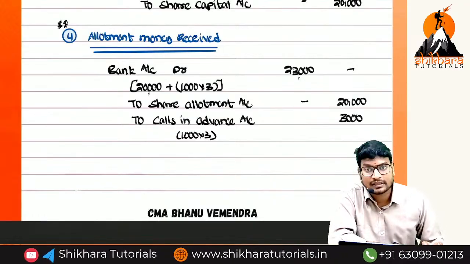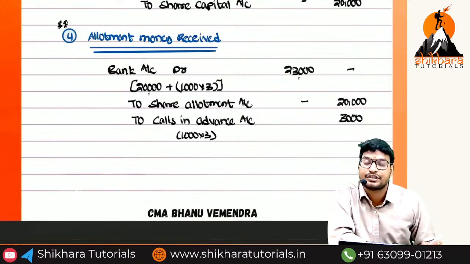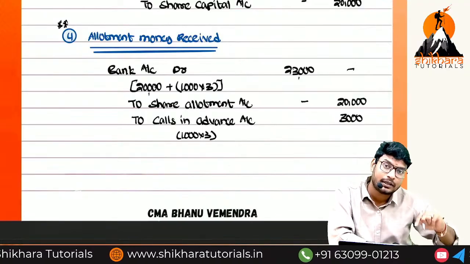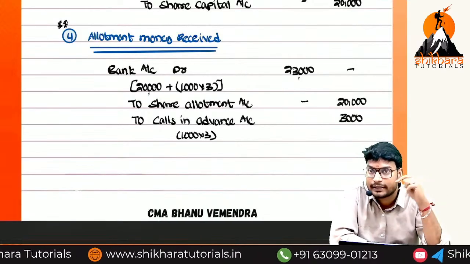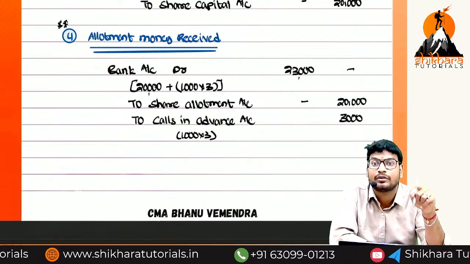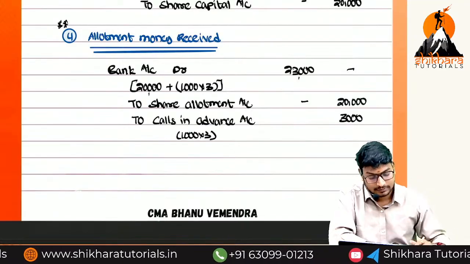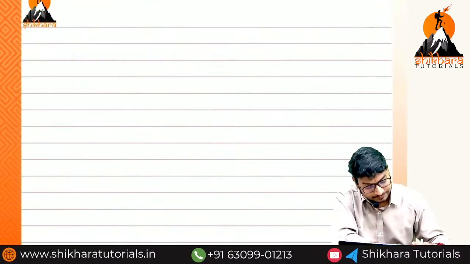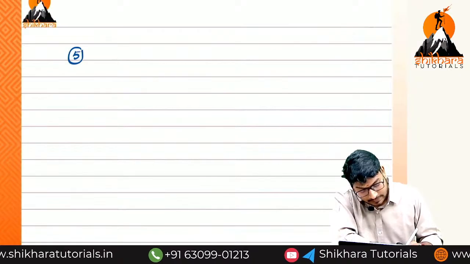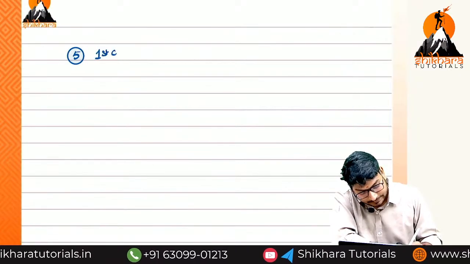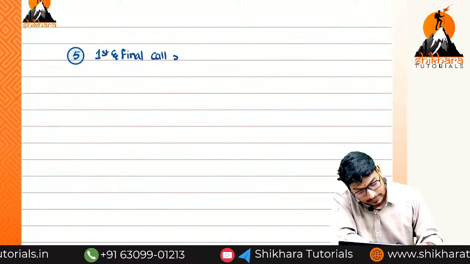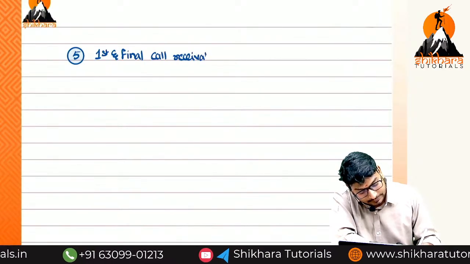Again, this calls in advance will be reduced at which point of time? At the time of receipt of first and final call, not at the time the first and final call is due. Okay, na guys. So what is the fifth entry? First and final call receivable.